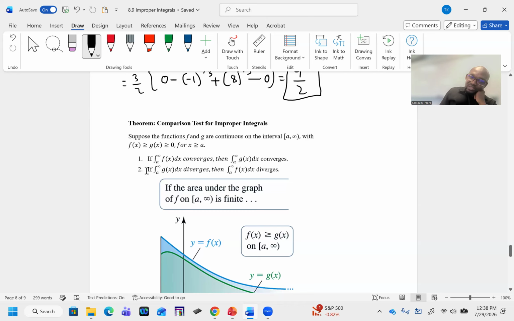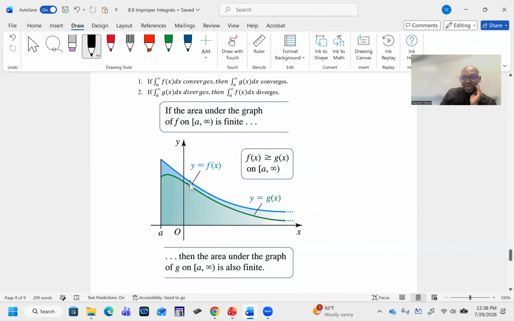But if the integral from a to infinity of g of x dx diverges, then the integral of f of x also diverges, because f of x is greater than g of x. So the integral also diverges. You can see this is the graph. f of x is the blue one, which is greater than g of x, which is also positive.